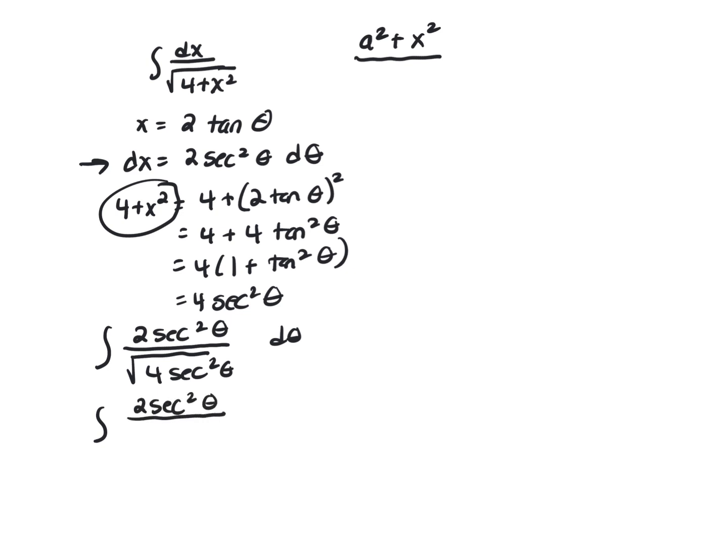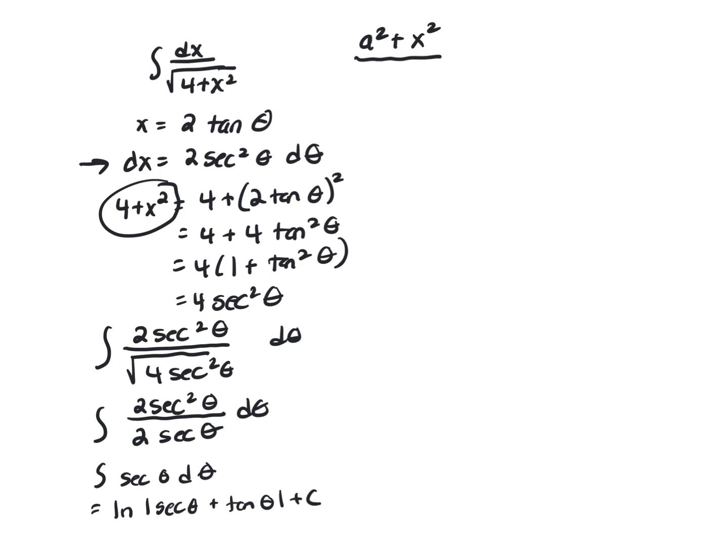Take the square root of the denominator and get 2 secant theta d theta. Simplify and you get the integral of secant theta d theta. And that is one that you should have memorized. That is ln of secant theta plus tangent theta plus c.